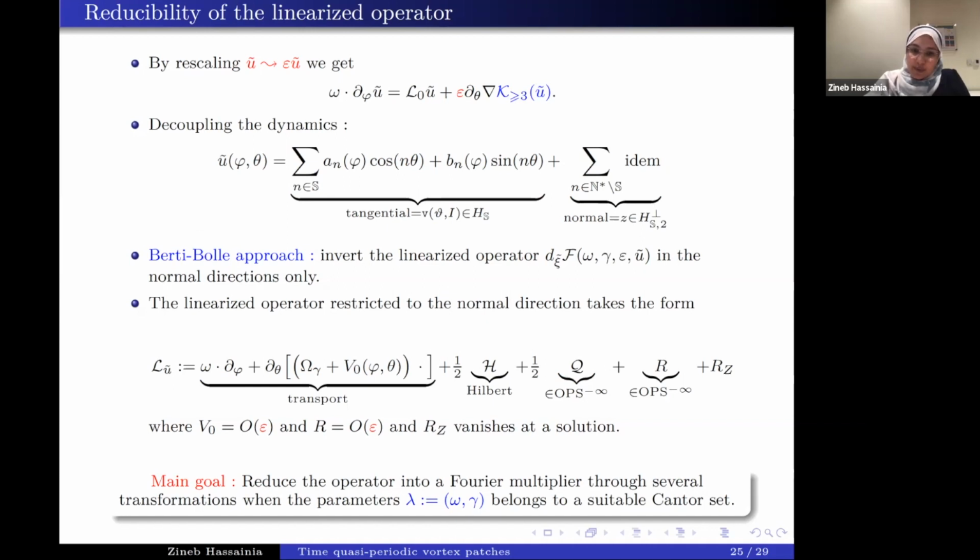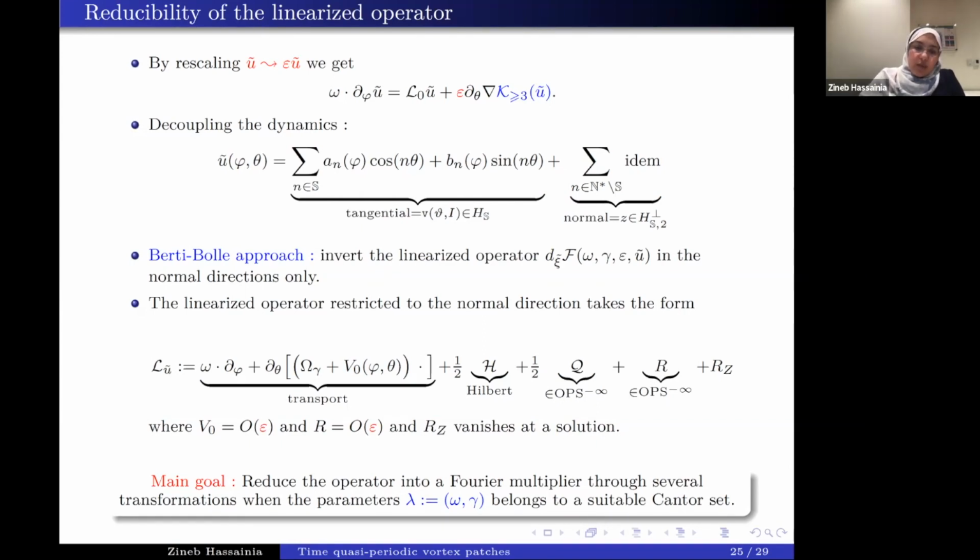We can prove that our linearized operator has a similar structure to the one obtained at the equilibrium, but this time the transport has variable coefficient, and we have a remainder which is also variable coefficient but of size epsilon.